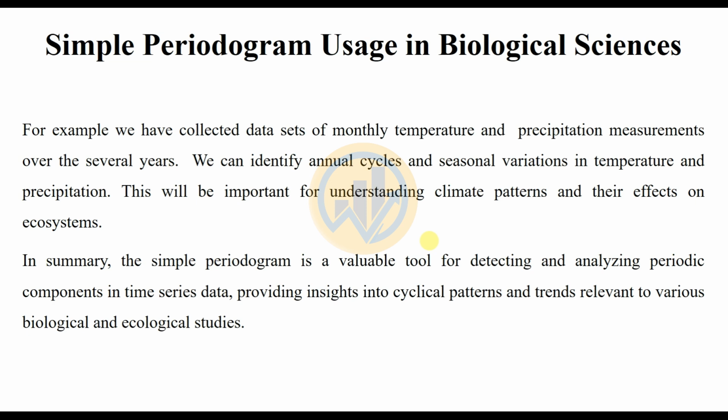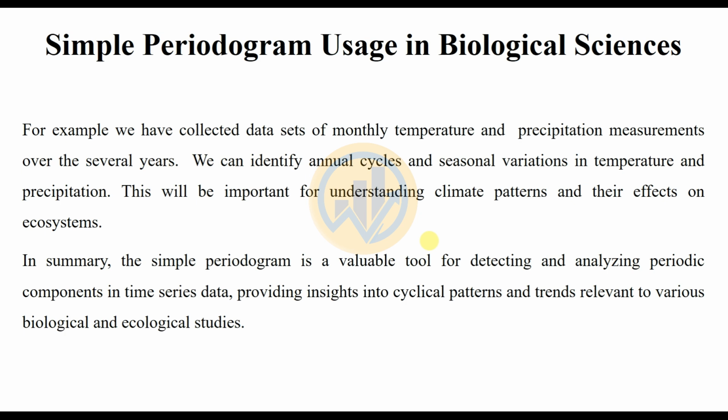For example, a simple periodogram in biological science for analyzing data. Suppose we have collected a data set of monthly temperature and precipitation measurements over several years, say 5 years. We can identify the annual cycle and seasonal variation in temperature and precipitation.